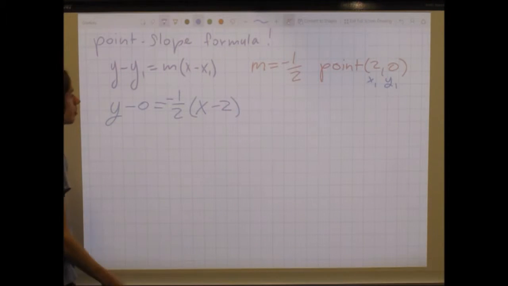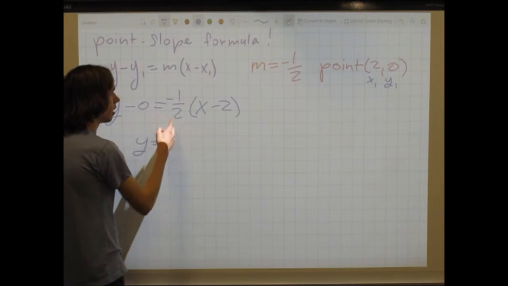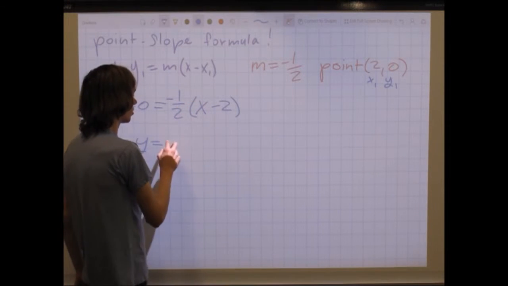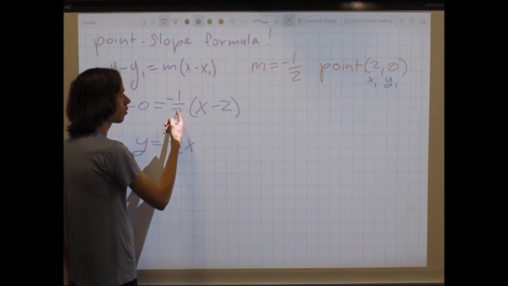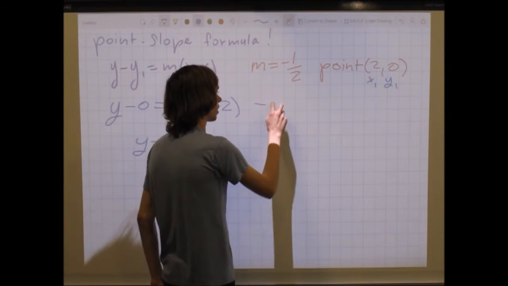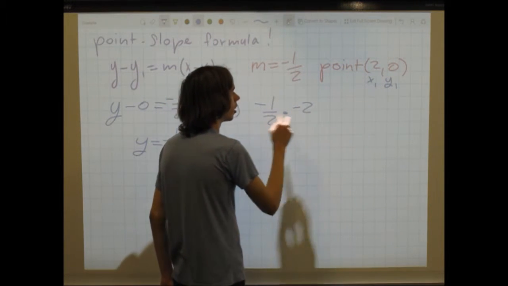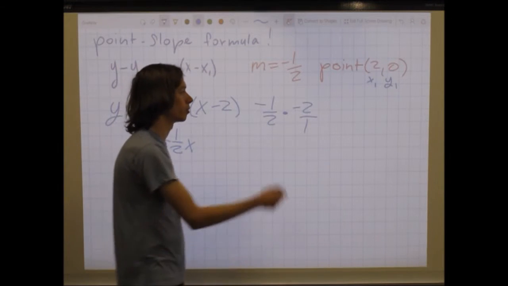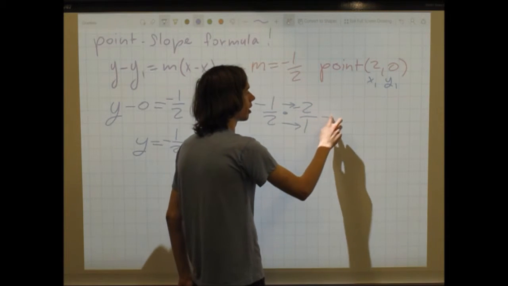Okay, so let's simplify this. Y minus 0 is just y. If we distribute this negative 1/2, negative 1/2 times x is just negative 1/2 x. Negative 1/2 times negative 2, maybe I'll do that over here for you. Change negative 2 to negative 2 over 1 to make it a fraction, and we just multiply across.